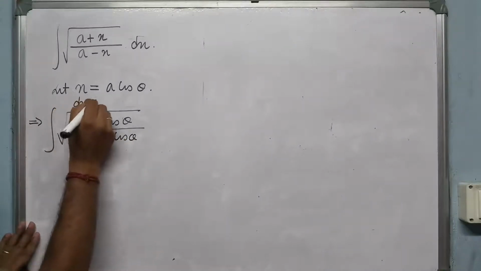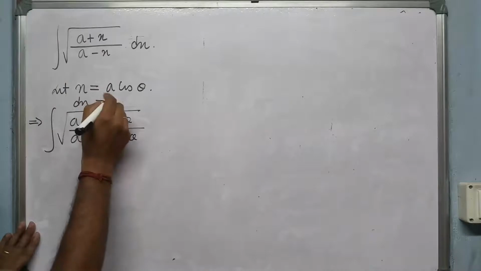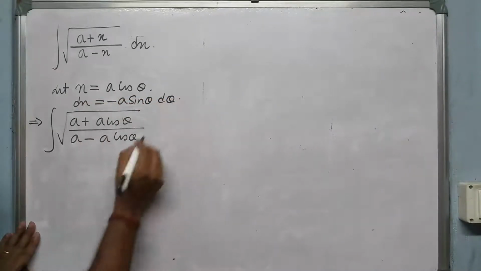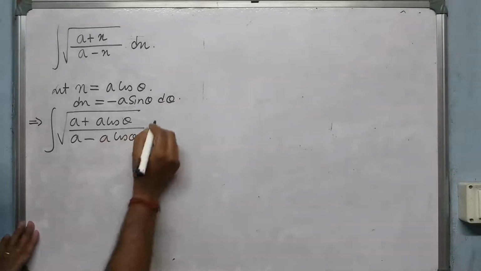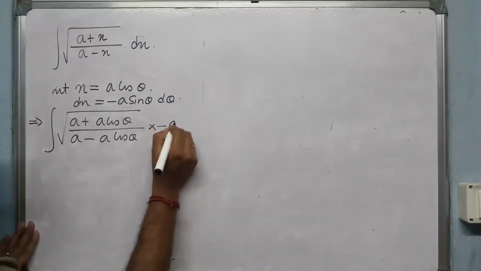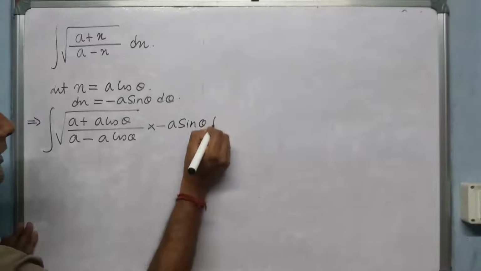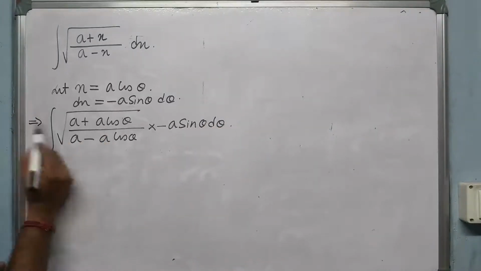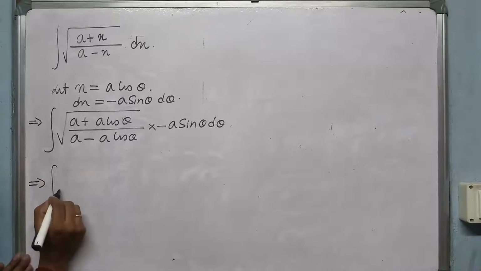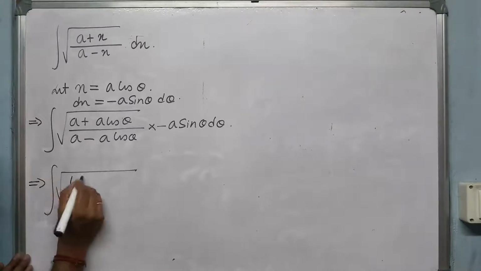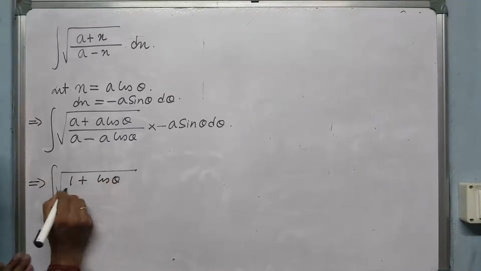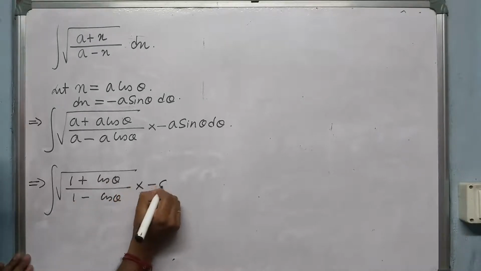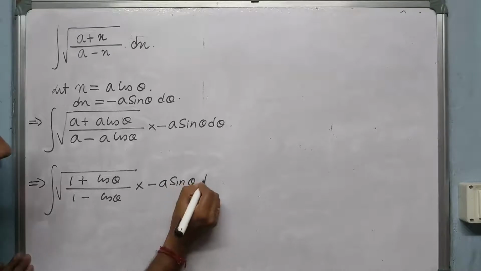Differentiate that. dx is equal to a, the derivative of cos theta is minus sin theta, so dx is minus a sin theta d theta. Now I'll take a common from the numerator as well as the denominator so that a gets cancelled. It will be 1 plus cos theta over 1 minus cos theta, into minus a sin theta d theta.